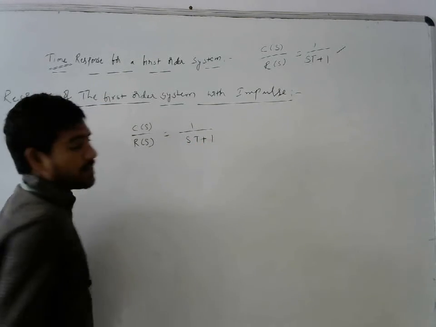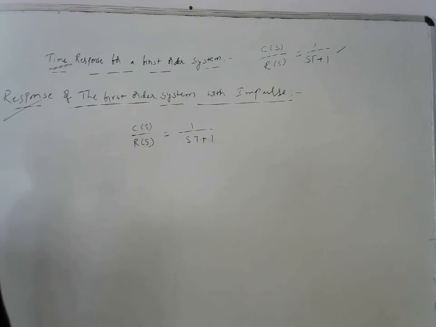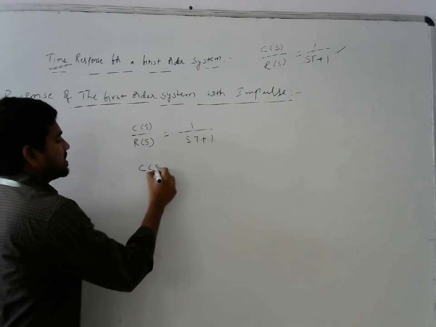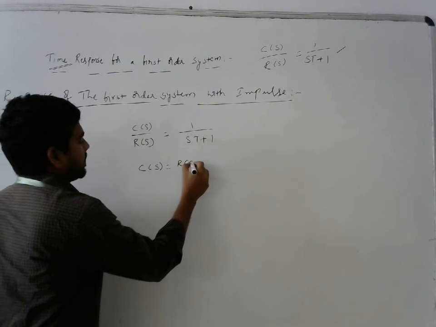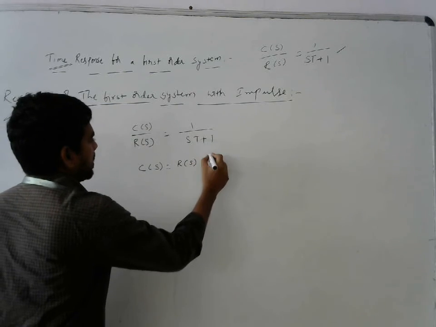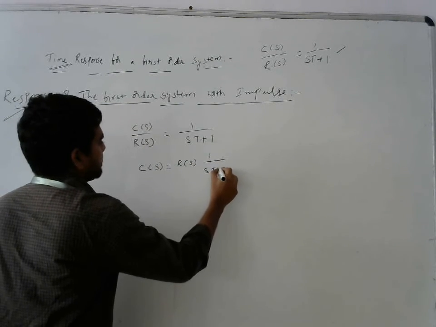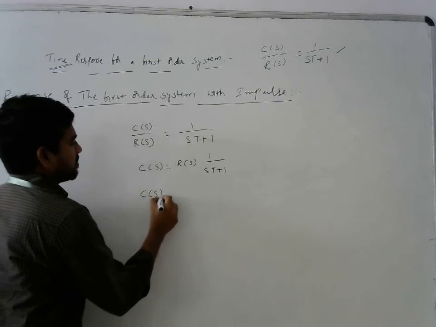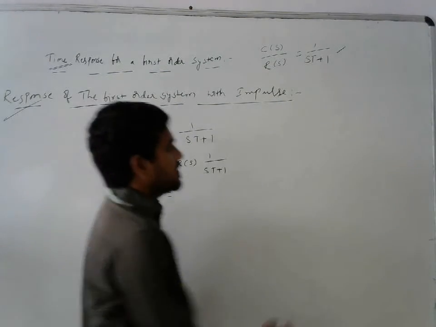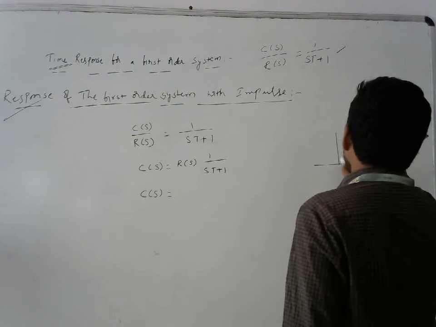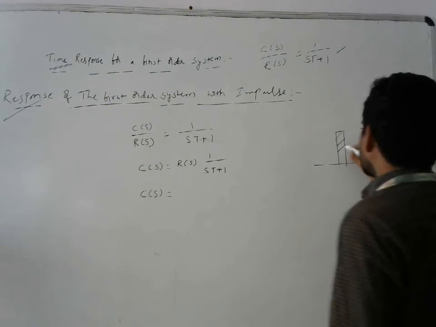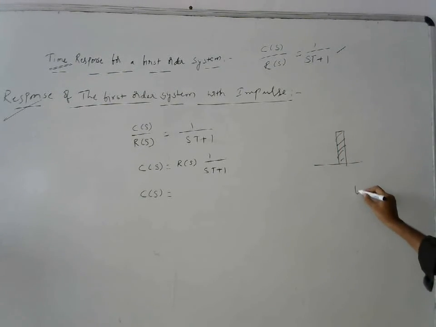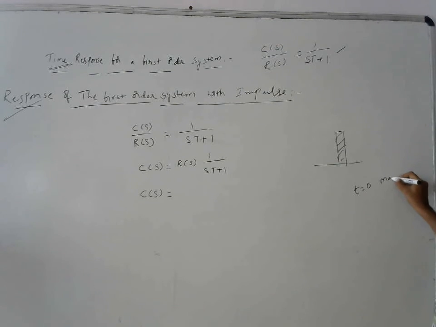Now I am applying an impulse signal. What will happen? C of s is equal to R of s by st plus 1. What is the R of s value? That means a unit impulse signal. What is meant by a unit impulse signal? When t equal to 0, you are having a maximum value, that is infinity.